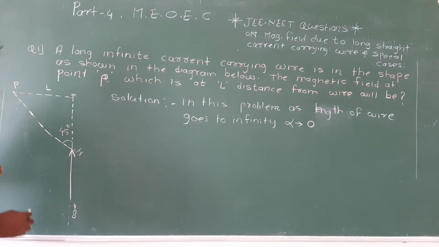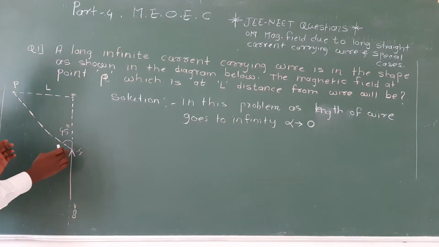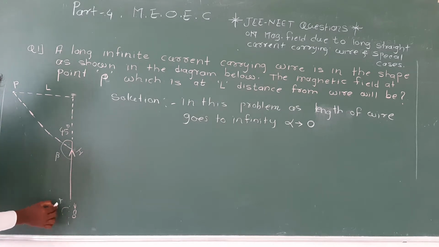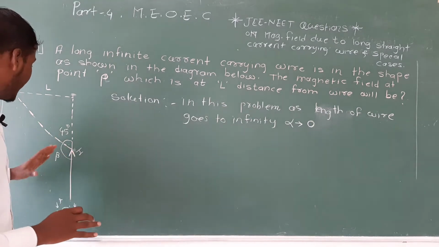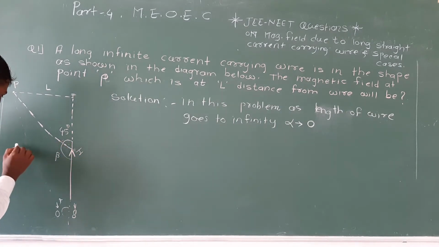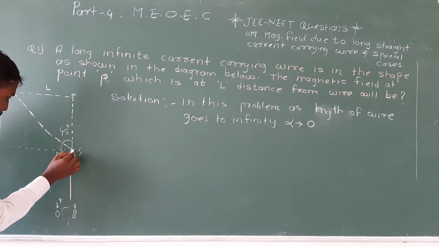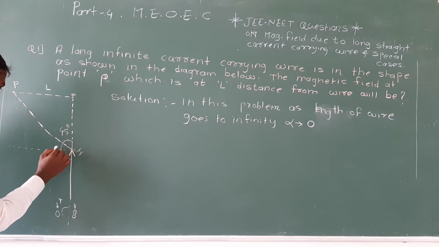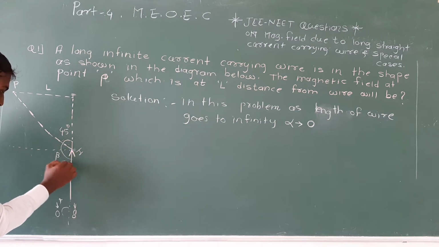Now about beta, we got the alpha angle, and beta will be this angle. Alpha tends to 0, because when the wire goes to infinity, the angle becomes very small. Now see carefully, what about beta? This angle they have given us as 45, and this angle will be 90 degree, similarly this angle will be 90 degree.